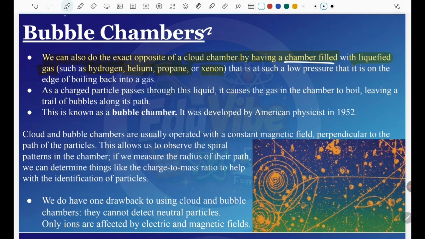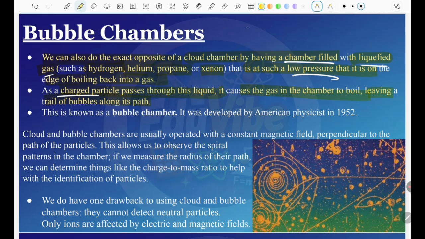So we have a chamber filled with a liquefied gas, which is hydrogen, helium, propane, or something similar, at such a low pressure that it is on the edge of boiling back into gas. As a charged particle passes through this liquid, it causes the gas in the chamber to boil, leaving a trail of bubbles along its path.